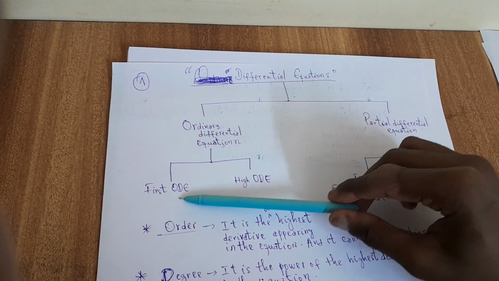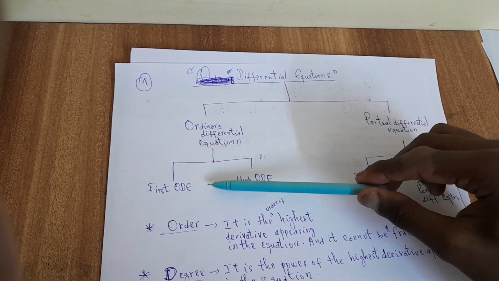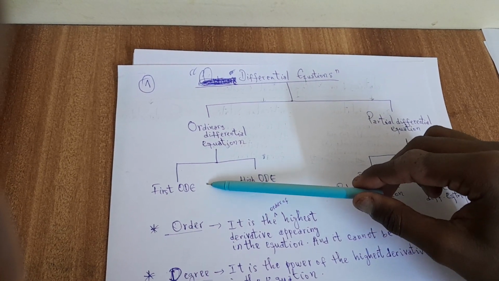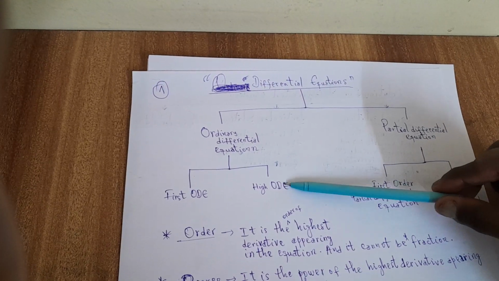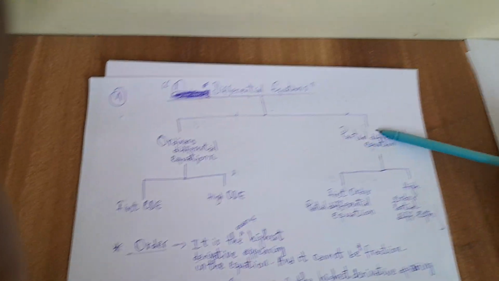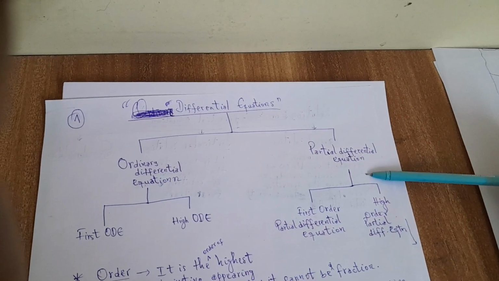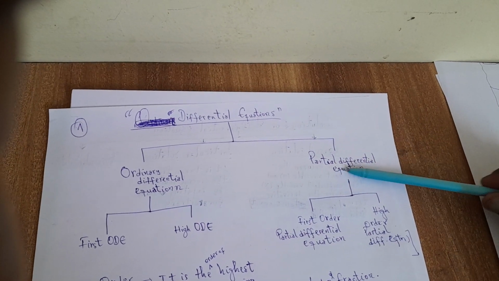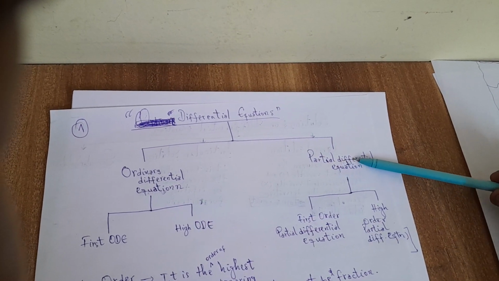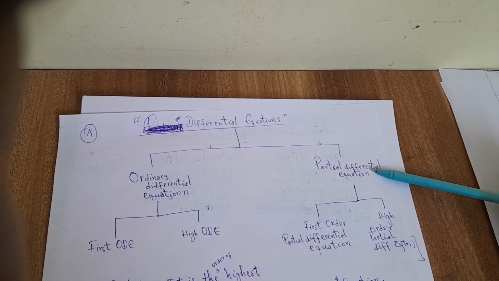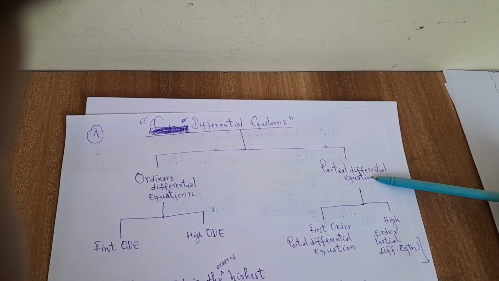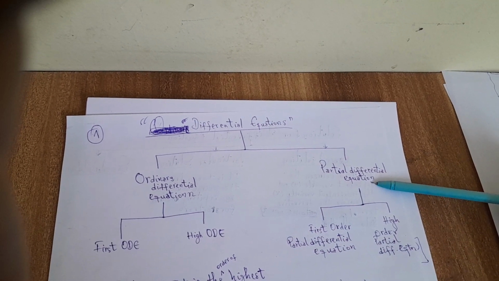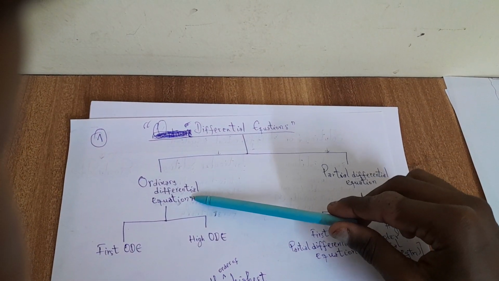This ordinary differential equation is divided into two parts: first order and first degree differential equations, and higher order differential equations. And for partial differential equations, as the name says itself, whenever we have partial differentiation, it is not total differentiation.